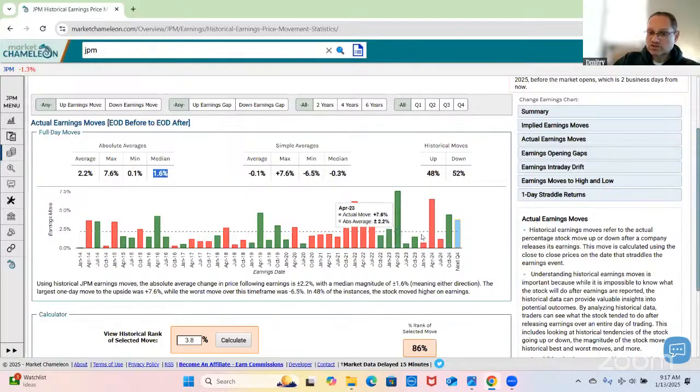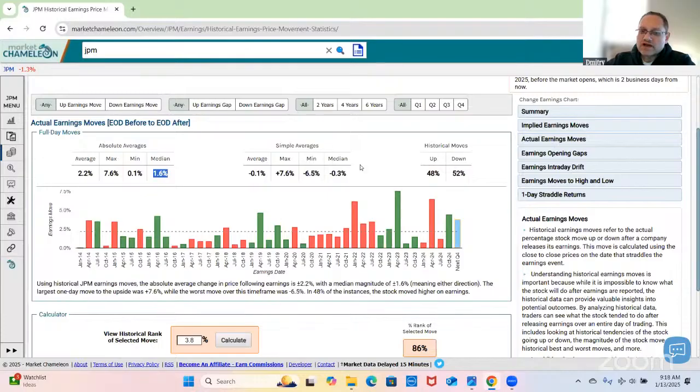When the bar is green, the move was to the upside. So the one I'm hovering over on April 23rd, the stock moved up 7.6%. Okay. This red bar, the stock moved down negative 6.5%. But we could still compare the magnitude, right, by how far the bar goes up.